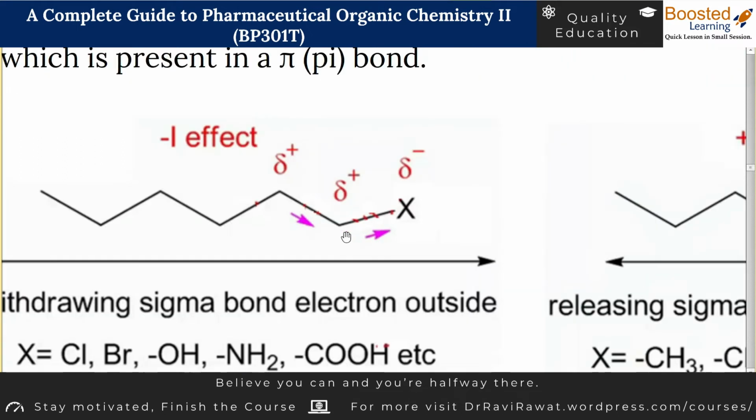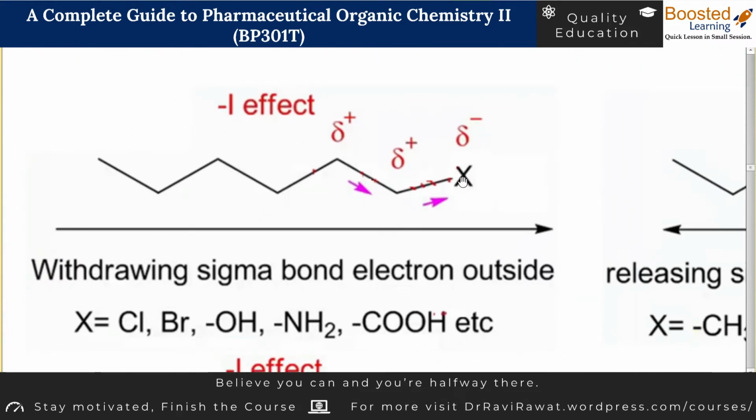Let us see it in terms of chemistry. Suppose there is a group which is more electronegative than the carbon. So this electronegative atom would be considered as partial negative, and the carbon in its adjacency would be considered as electropositive, because this electronegative atom would be pulling electron density from this carbon towards itself.